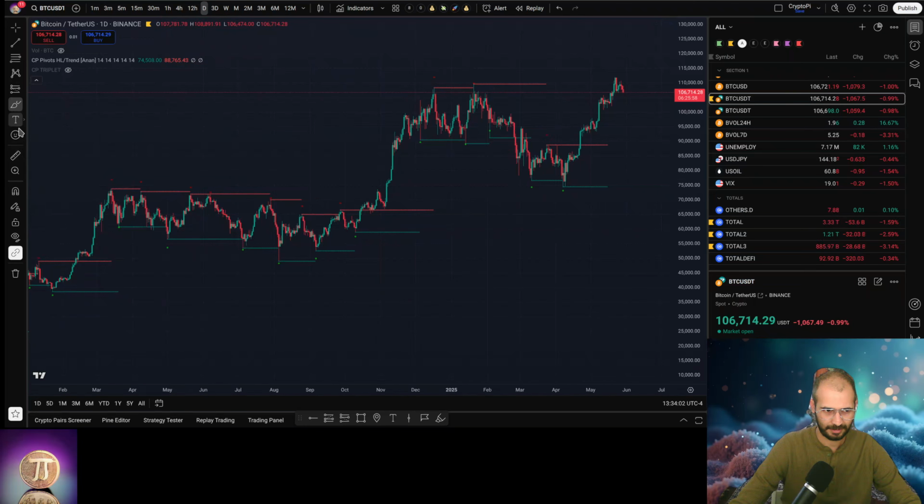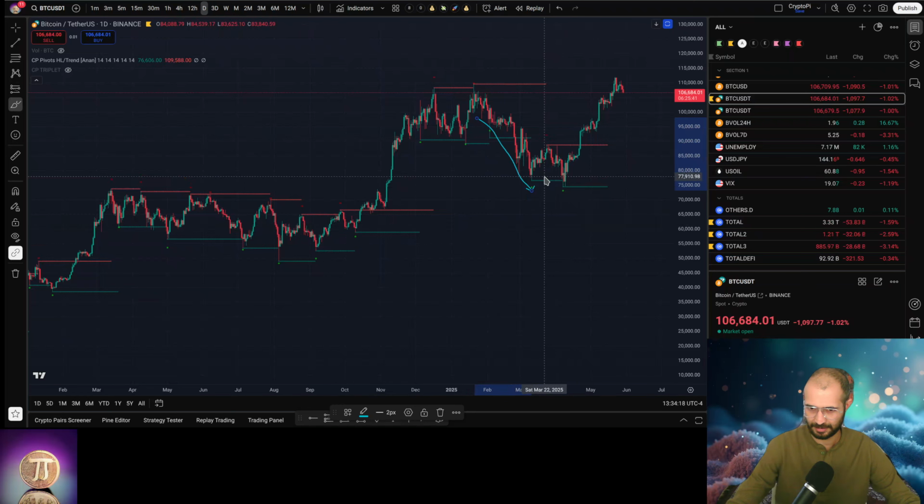If we take the downtrend which started from here up until this point, we know that on 10th or 11th of March, the price started reversing. And later on, it went further down after 26th March up until 8th of April.